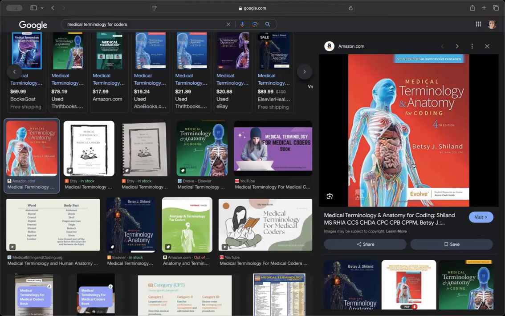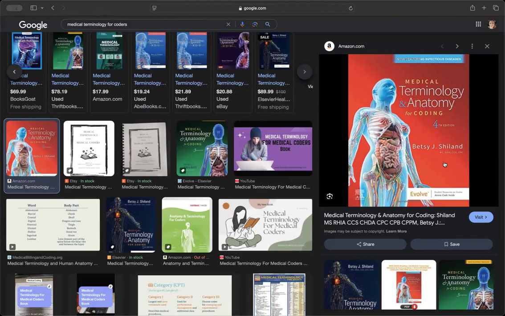I used to teach from this when I taught at a local college here in town. We had a whole separate class for medical terminology and then anatomy. This is a really, really good book. It is going to be an additional investment, but you're going to be able to keep this book with you for years.